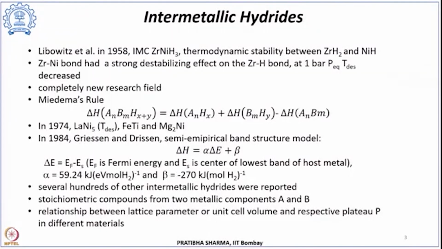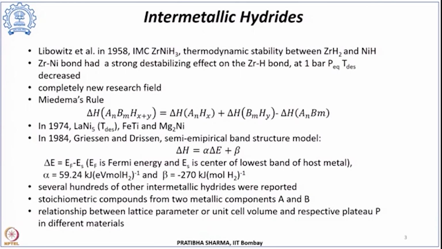So, as per the Miedema rule, if A and B are the two elements, then delta H of A n B m H x plus y is equal to delta H of A n H x, hydride of A, plus delta H of B m H y, minus delta H of A n B m. Using this rule we are able to find out the enthalpy of reaction for most of the hydrides.